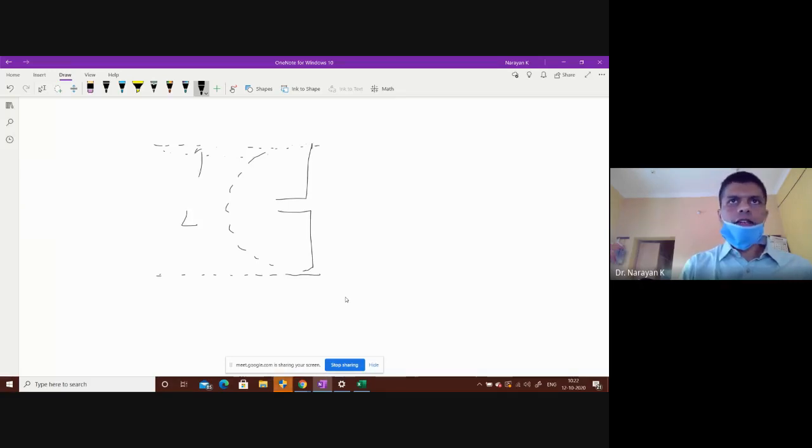This is the length of the antenna. I just drew one simple antenna here for your understanding.